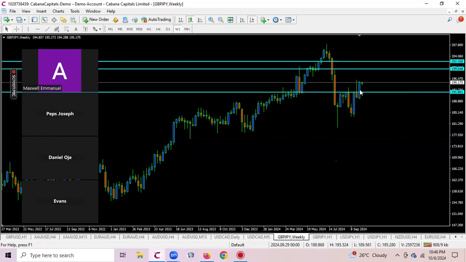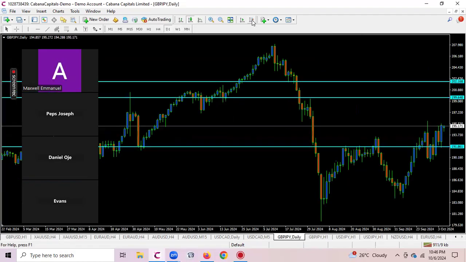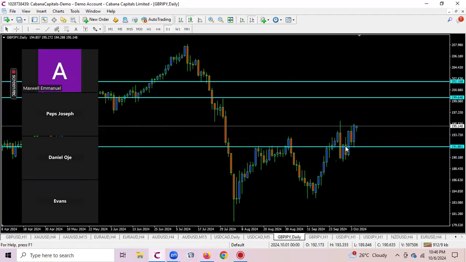I think also if we check the daily or 4 hour, I'm sure a fair value gap was created on a lower time frame. So this is our daily time frame. What do we have here? We had a low, we had a high, and this is a higher low.